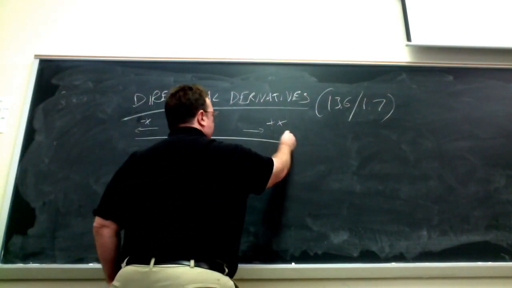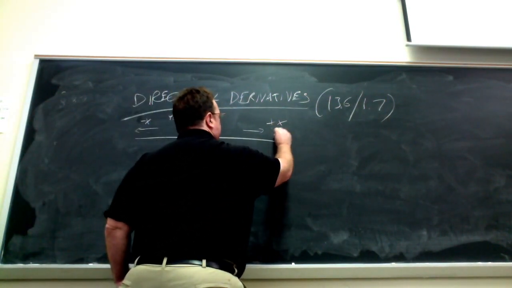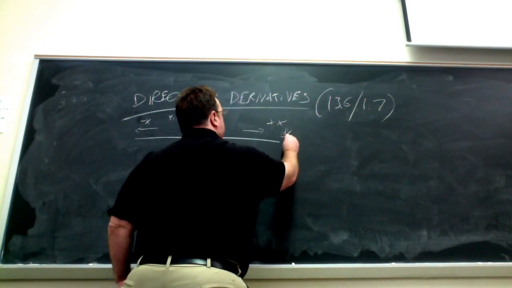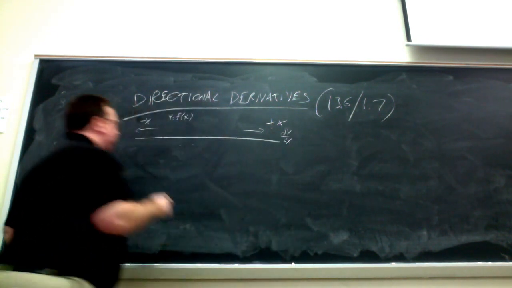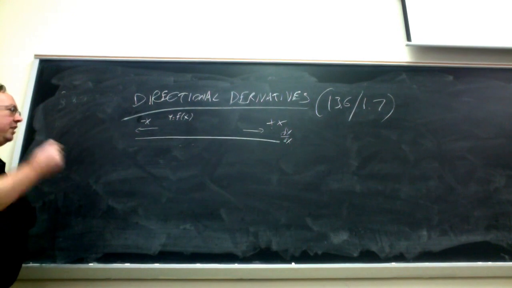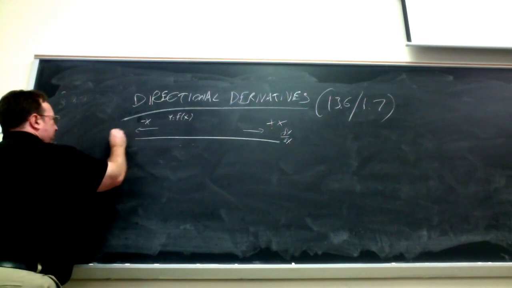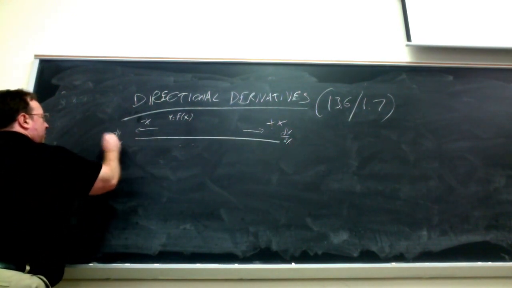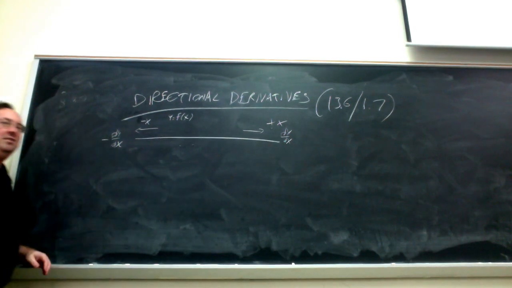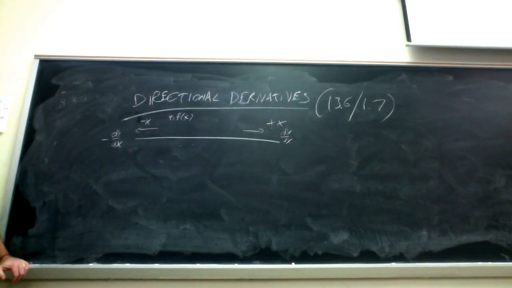So as x is increasing, your rate of change is dy dx. But if you want the rate of change as x decreases, it's not really interesting. That's just minus dy dx, really by the chain rule, because you're looking at rate of change with respect to minus x.